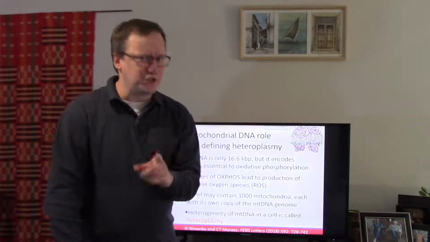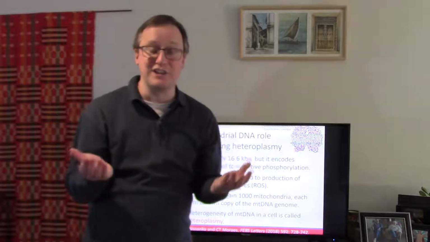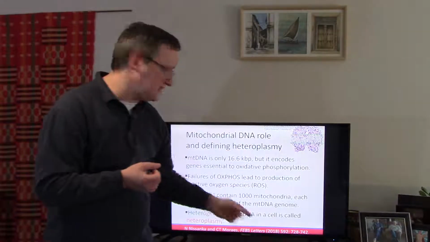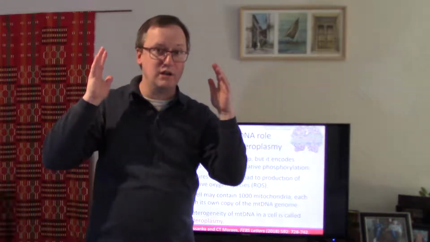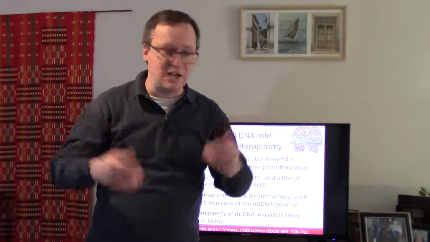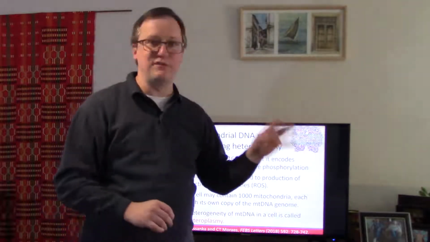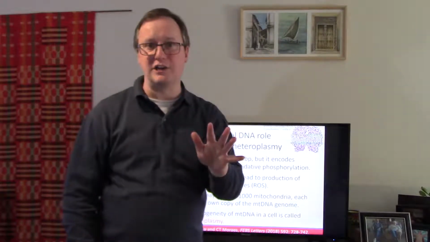Now, I've already mentioned the term mosaic before, which suggests that different cells have different genotypes in effect. In this case, you may find that cells in one part of your brain have a higher proportion of flawed mtDNAs, whereas in your skin cells you have a very ordinary collection of perfectly working mitochondrial DNA.